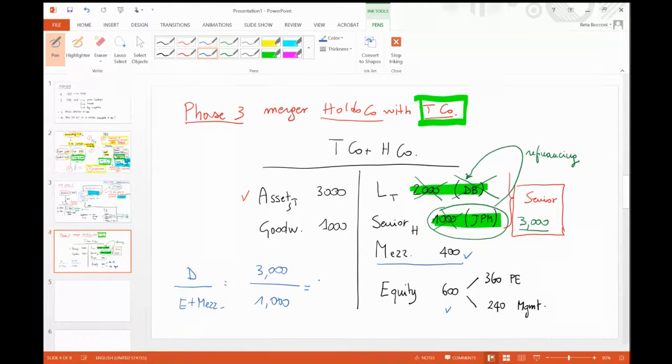So you have made your leverage grow to 3 to 1. And this is the obvious effect of a leveraged acquisition. The typical characteristic is that you make the leverage of this company lift up. And this is a concern because clearly now you have a much more levered company than before.